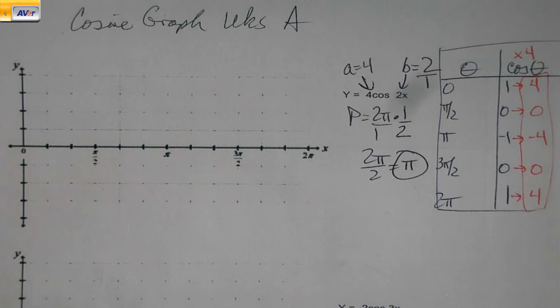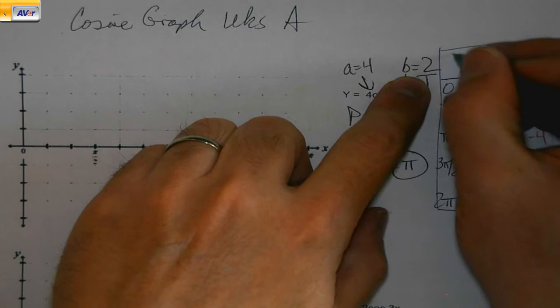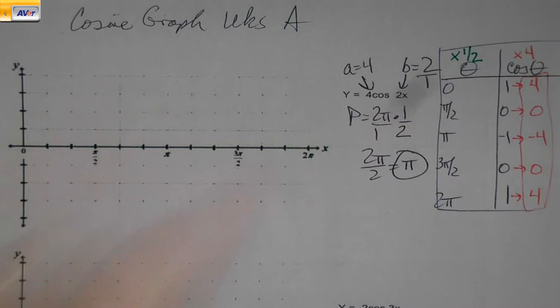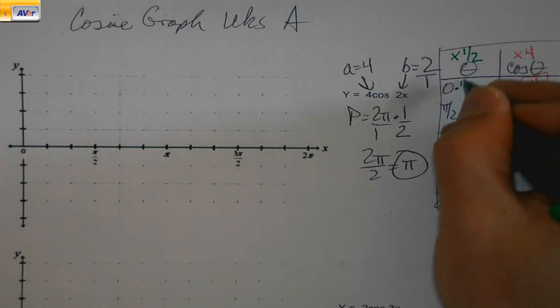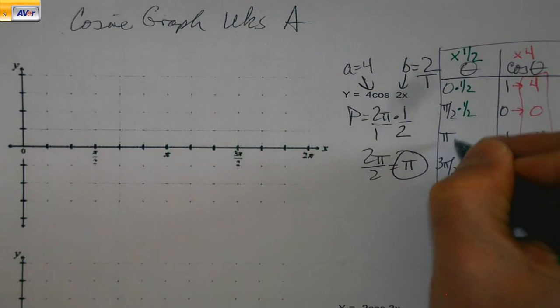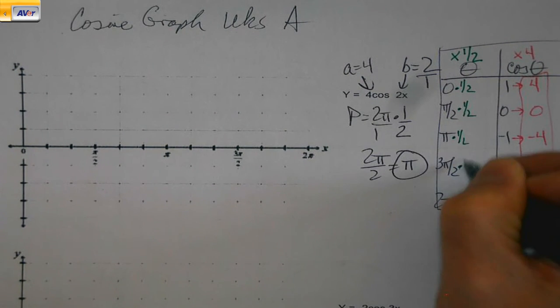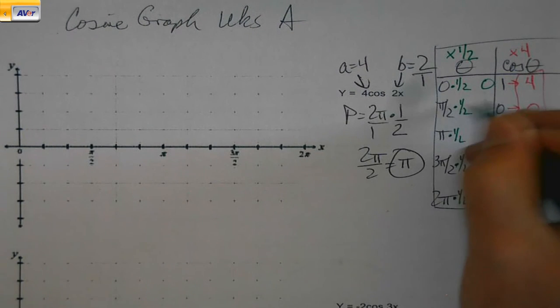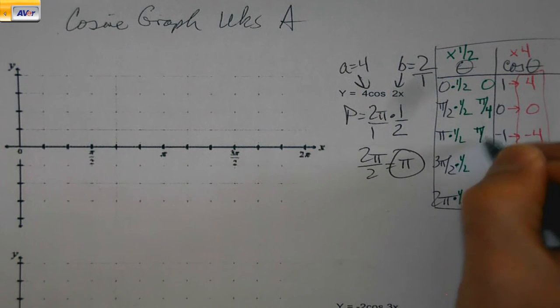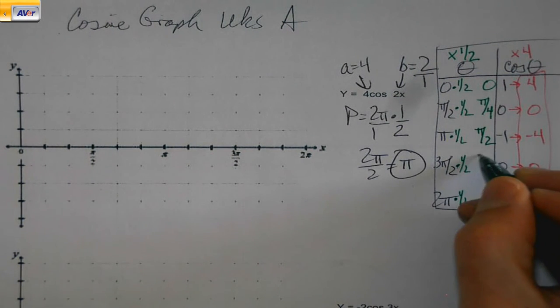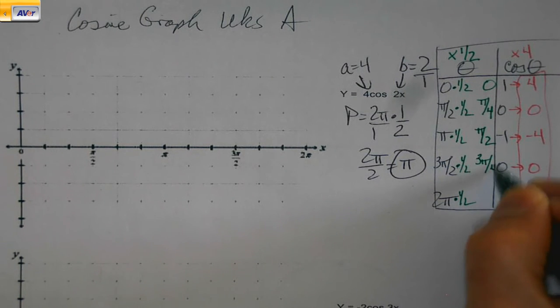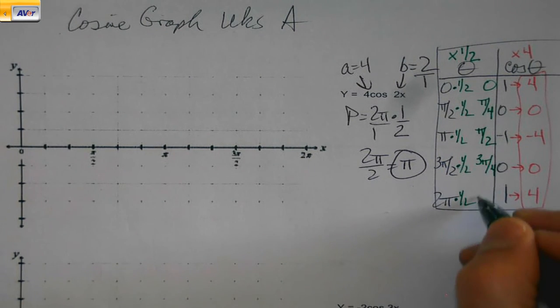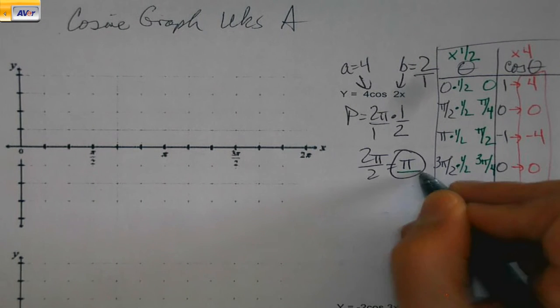And then over here, since my b value is 2, we're going to multiply by that reciprocal. Multiply them all by a half. While keeping in the back of our mind, as we multiply across, when we get to the end, we know what we better get, or something's not good. 2 pi over 2 is pi.